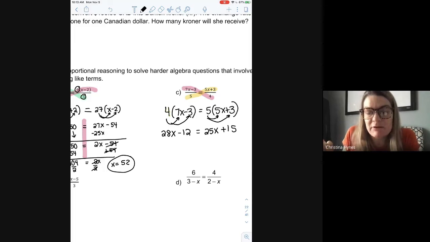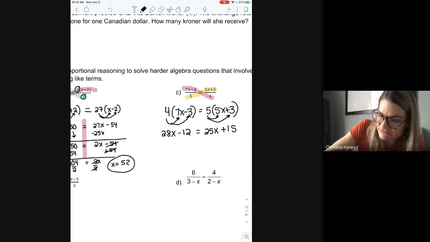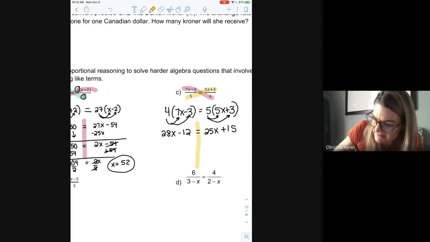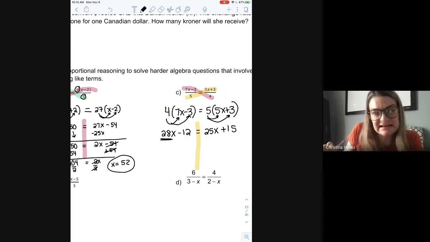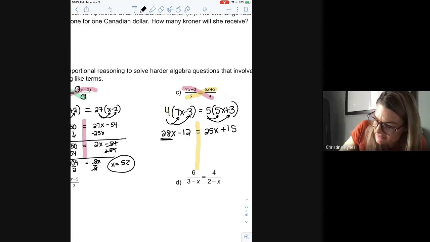So this is where I want to get the x's together on one side. This is where I like to draw that line. And I want to say, okay, I'm going to bring the x's to the left side because there's more x's here than on the right. So I'm going to start by subtracting 25x on the left and the right.